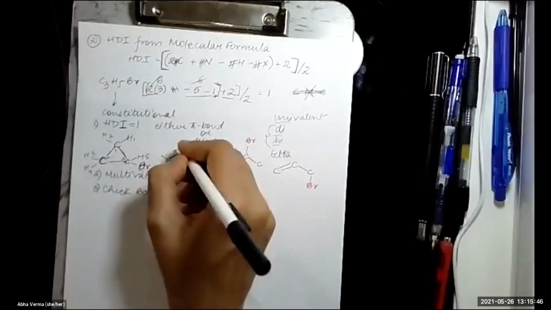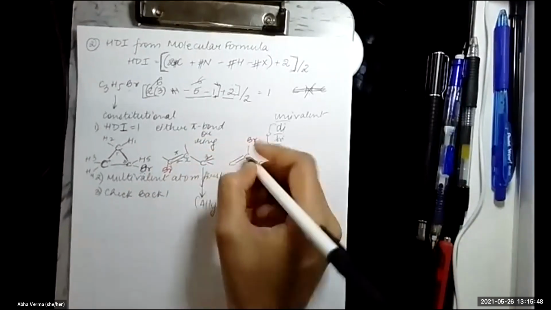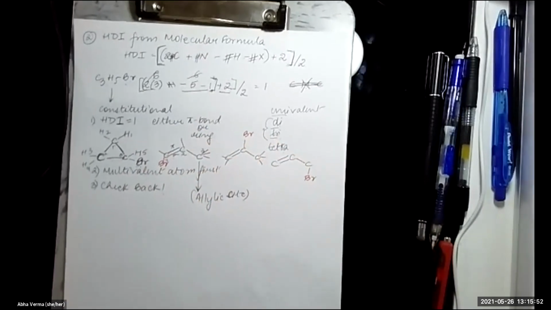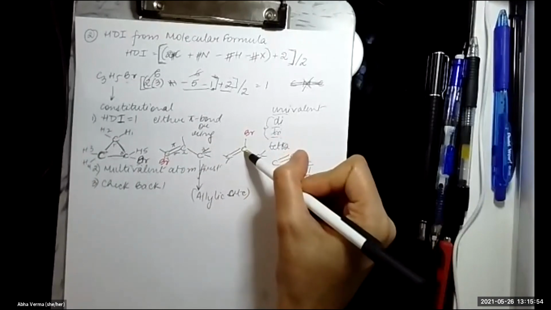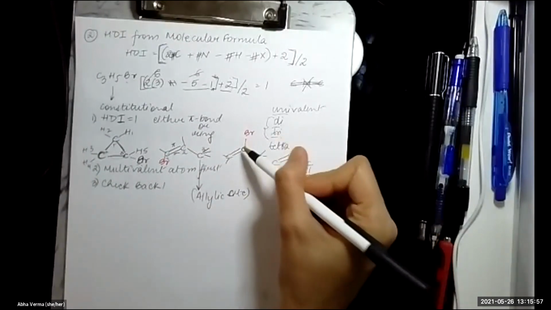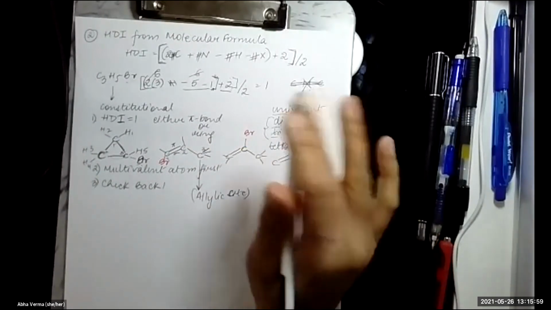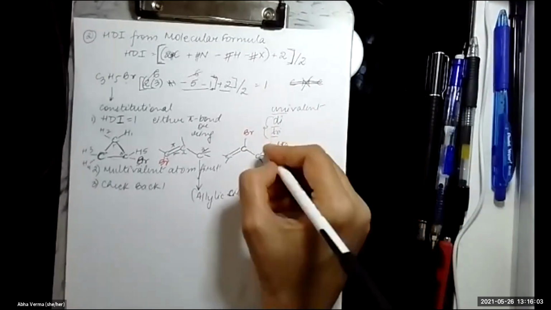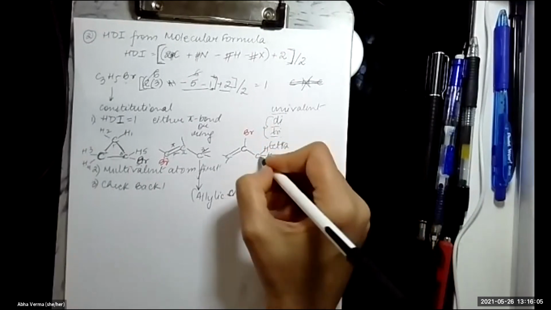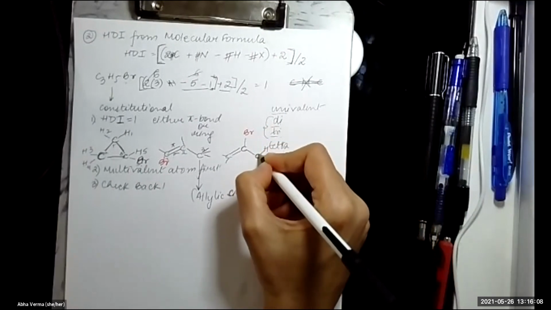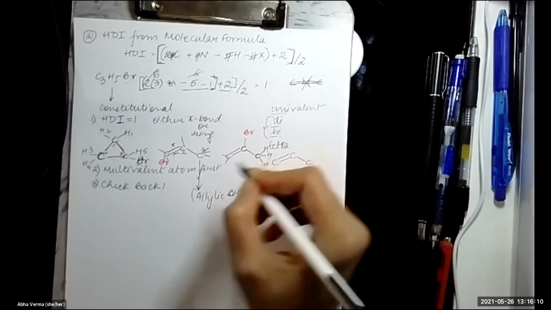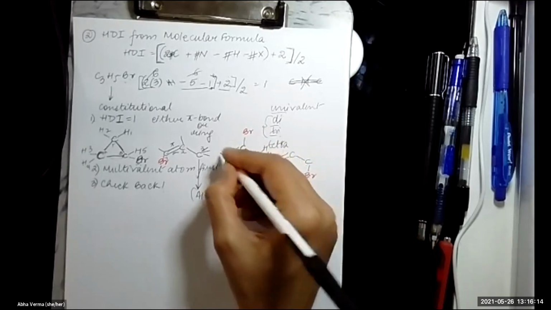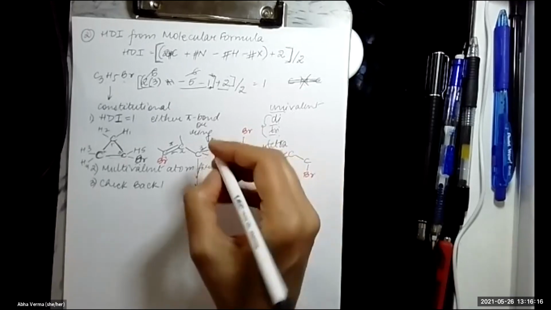And then I will now fill in the rest of my hydrogens. This carbon is already making 4 bonds. I don't have to add in any other hydrogens here. But I will have to add in 3 hydrogens here because this carbon was only making 1 bond. This carbon was making 2 bonds, so I gave it 2 hydrogens.